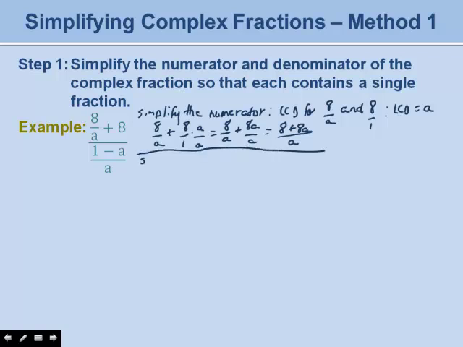Then we would want to look at the denominator. But if we look at it, it's already written as one rational expression since it just has the one fraction bar. So this part is already done.